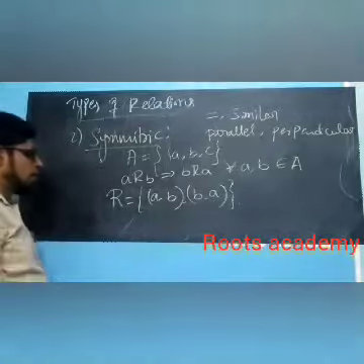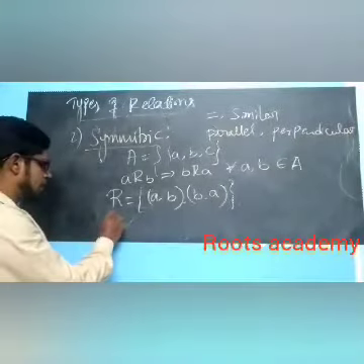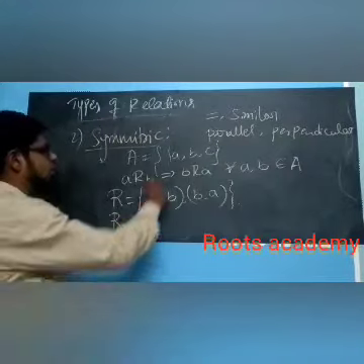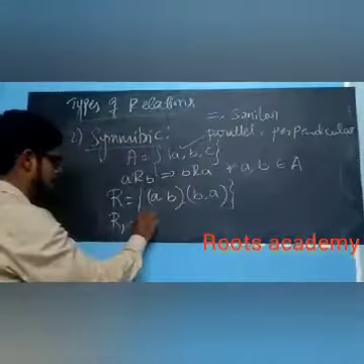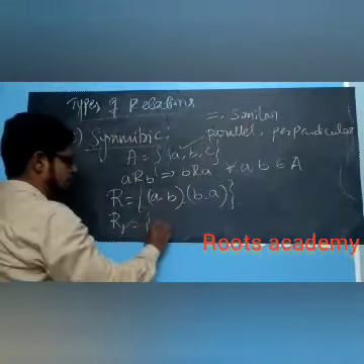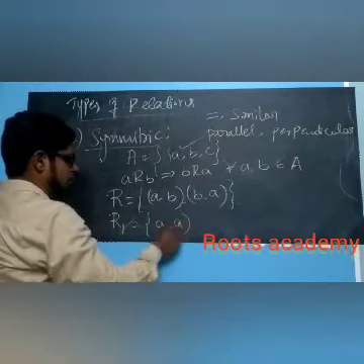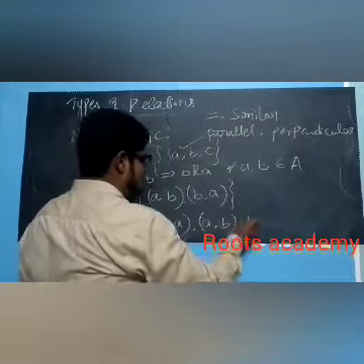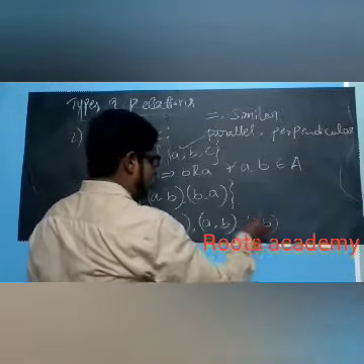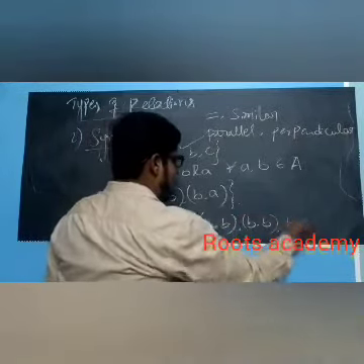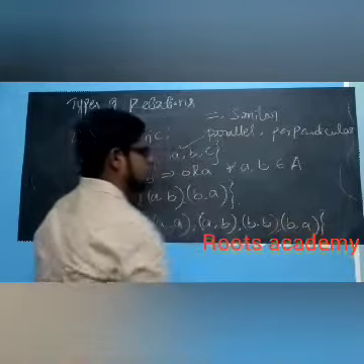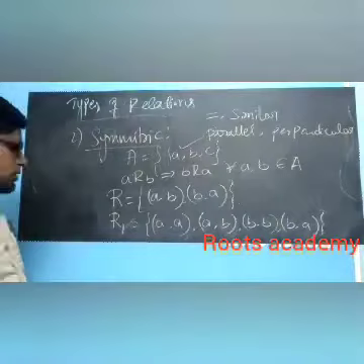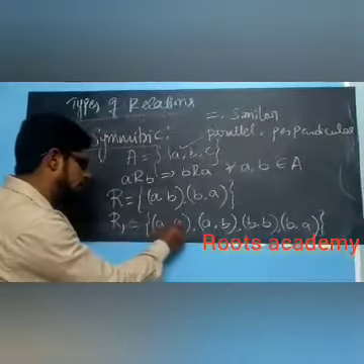So let us take an example of a symmetric relation here. Take R1 for the same set. If (a, a), (a, b), (b, b), and (b, a) is the relation, let us check whether it is a symmetric relation or not. So here (a, a).